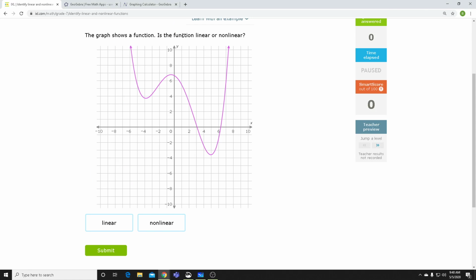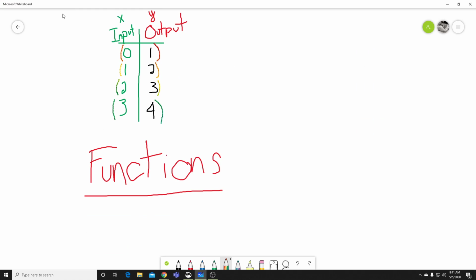Is the function, so is the equation, the graph that we're working with, linear or nonlinear? That's all they're asking. So, as far as the graph goes, linear graphs are straight lines.